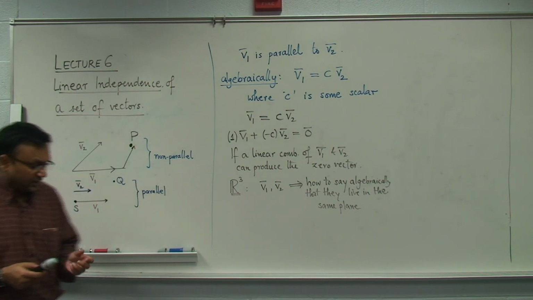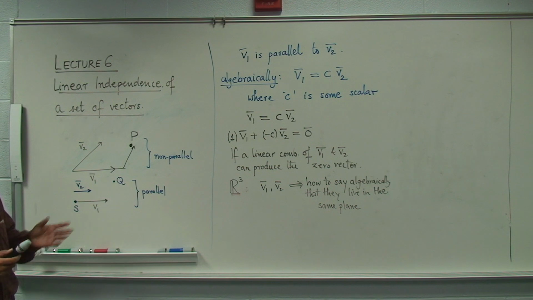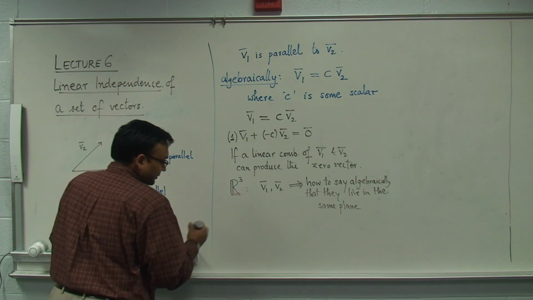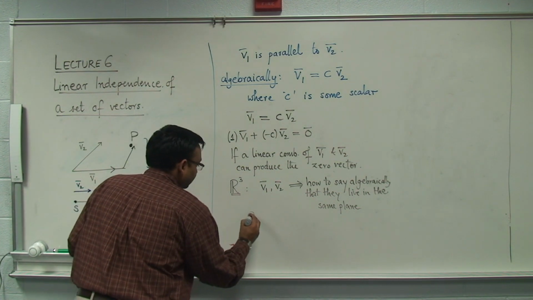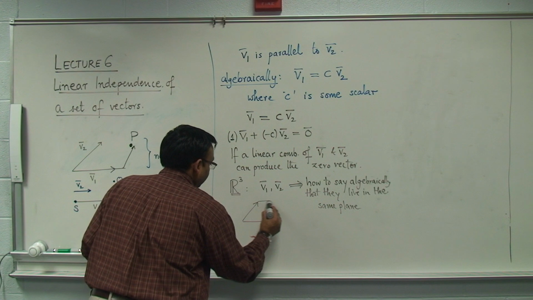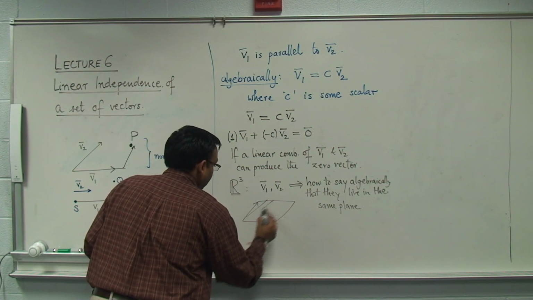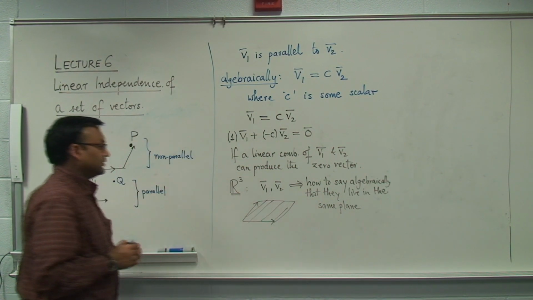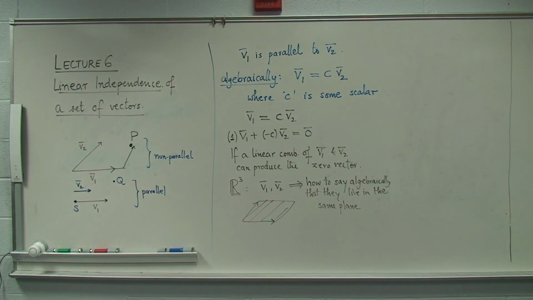Well, think of it this way: if I give you two vectors in R3, they will always lie in a plane. They might lie on the same line, or they'll just make a plane. So if I give you two vectors, then they will always form a plane. So in some sense, this question is kind of redundant.